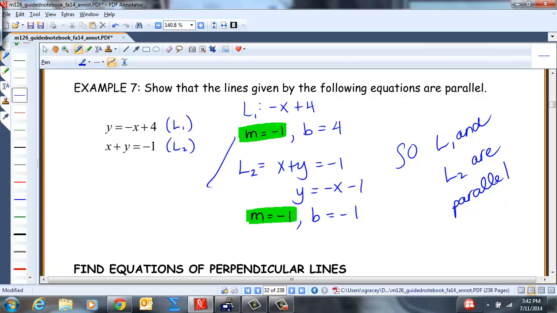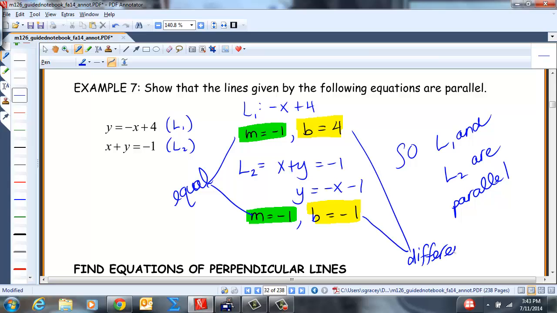So these guys are equal, and these guys here are different. Okay?